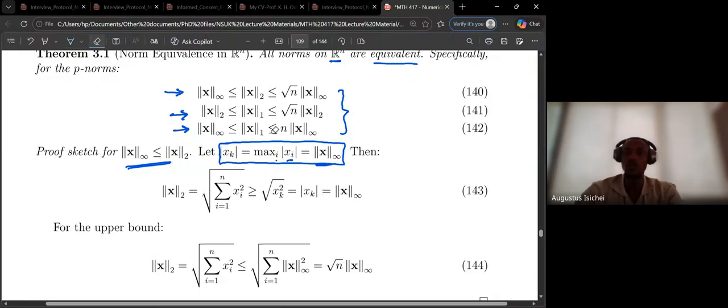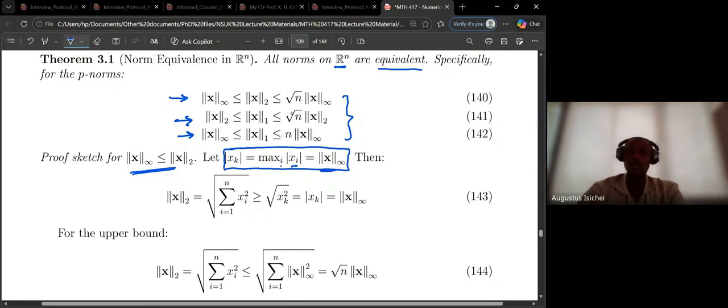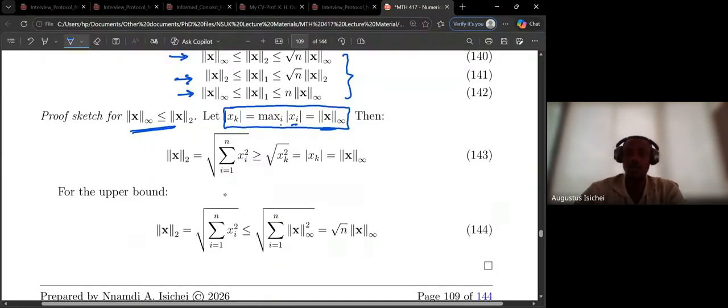With this assumption, we can go further and say that the 2-norm, of course, we know how to define the Euclidean norm, is the square root of the summation of all x_i squared, where i ranges from 1 to n. That has to be greater than or equal to the square root of x_k squared, which is equal to the absolute value of x_k, and that's equal to the infinity norm.